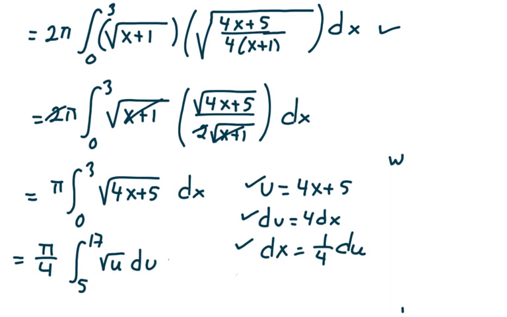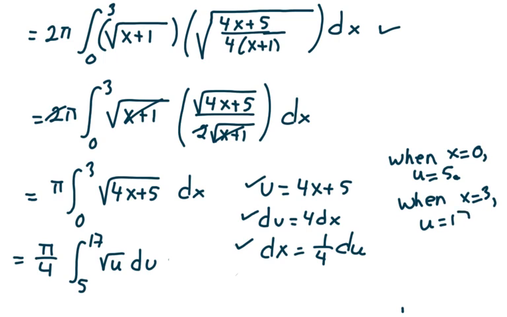Now, remember, when x is 0, u is 5. When x is 3, u is equal to 17. So this is pi over 4 times the integral from 5 to 17 of the square root of u du.